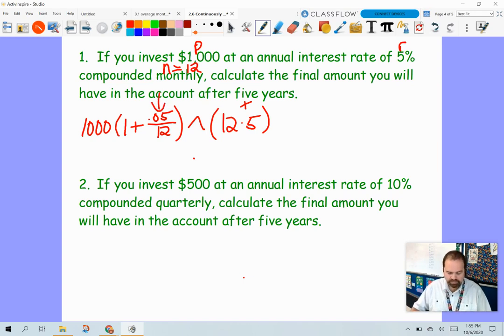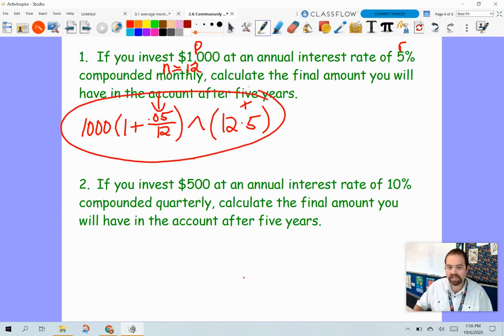Okay, so when I type this in, I'm going to type in 1,000, 1 plus 0.05 divided by 12, then set up an exponent. When I do my exponent, I'm going to open another set of parentheses and do 12 times 5. Okay, what shows up on my calculator should look exactly like this, parentheses and everything.